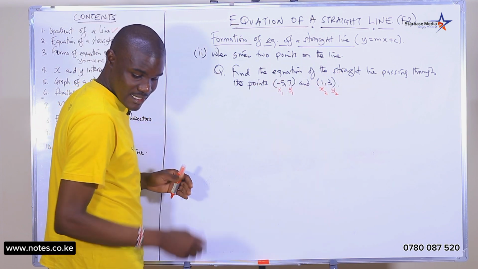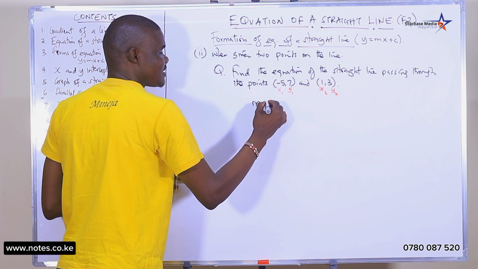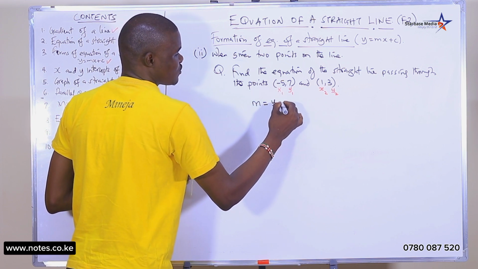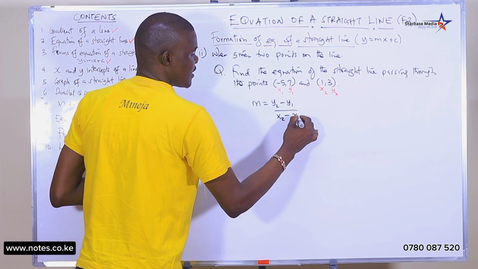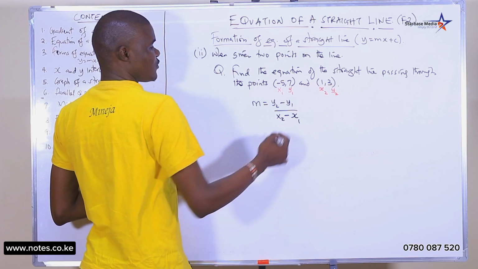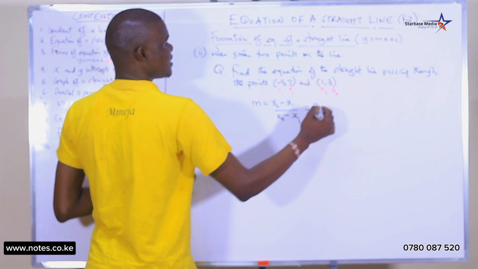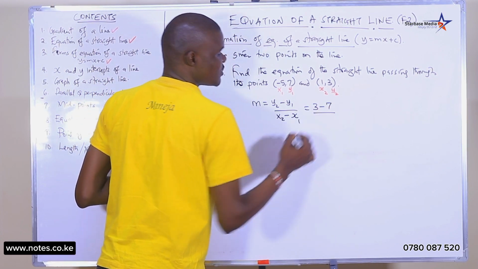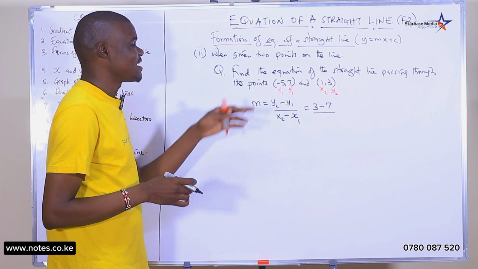So we are going to say gradient. First of all is to find the gradient. Gradient is equals to change in y over change in x. So y2 minus y1 over x2 minus x1. Simple. y2, 3 minus. Here is where there is a challenge with most of the students because they don't take keen note of the signs.